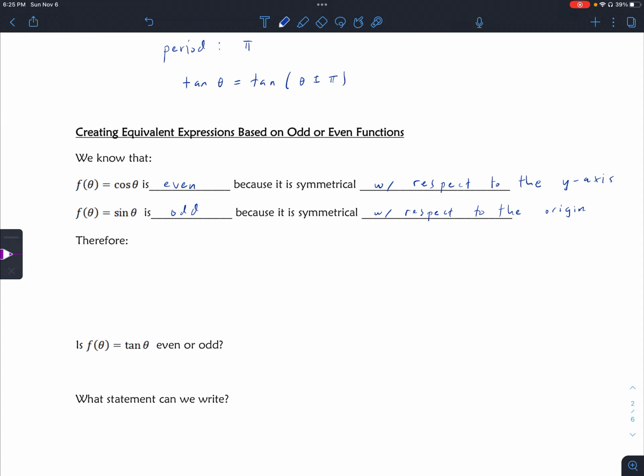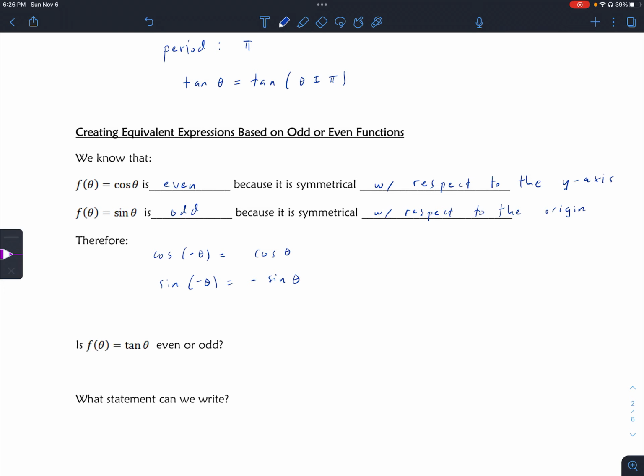So therefore, cosine of negative theta is going to equal cosine theta, it just takes the negative away, while sine of negative theta is going to equal negative sine of theta, there's going to be a negative in front of it.